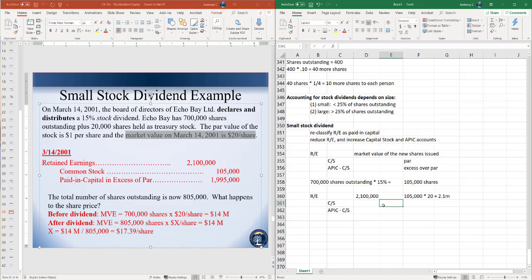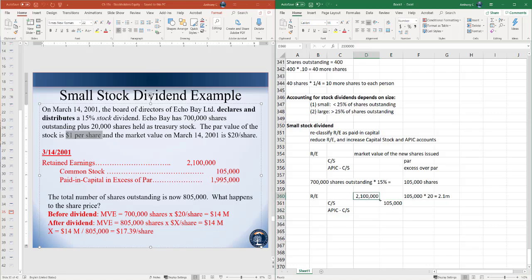Again, common stock captures par. The par value here is $1, and we're dealing with 105,000 shares. So 105,000 times 1 is 105,000. Same as before, we now have the par value of the stock.